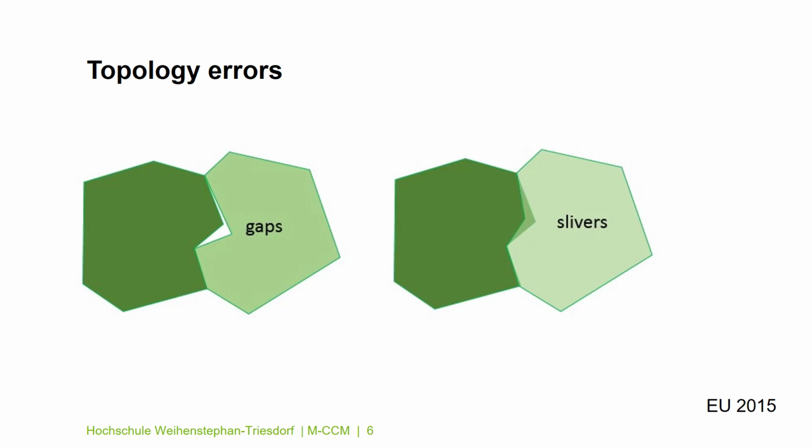You see that on the right. And there are topological tools in most GIS programs to help you map an area without any gaps or overlaps, slivers. These are called topological tools. So topology is a first measure of quality that we have to look at, especially for vector data.